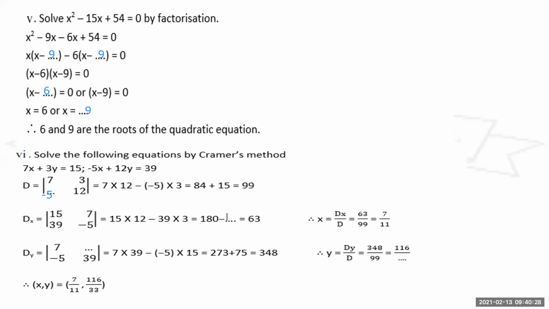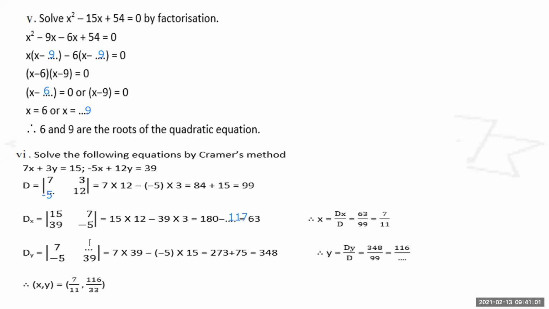Now check here in this blank, what will you get? You get 39 into 3. So what is 39 into 3? Can anybody tell me? It is 117. So 180 minus 117, you'll get 63. And in the last case, check dy. 7 minus 5, and here 39.